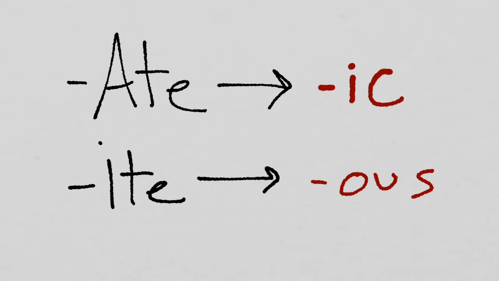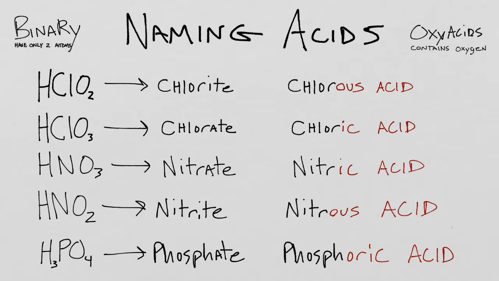If it's ite, it goes to us. Okay. So, chlorous acid, chloric acid, nitric acid, nitrous acid. Notice for phosphate, we couldn't just say phosphic, it becomes phosphoric. So sulfur and phosphor, some of these, like I said, have a little adjustments to make, but they all have that same ending pattern, phosphate, phosphoric acid.